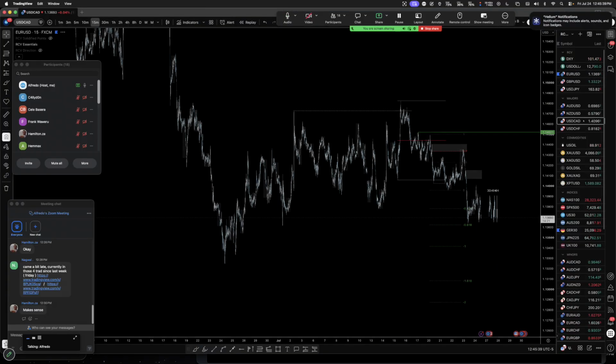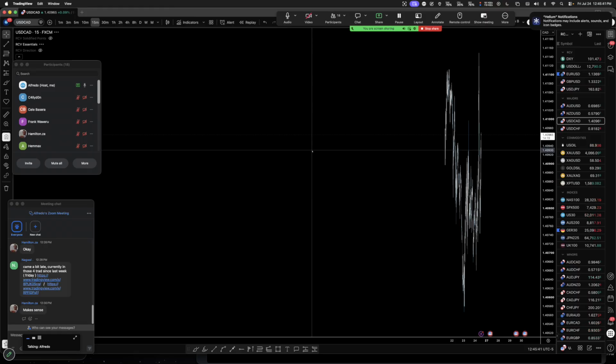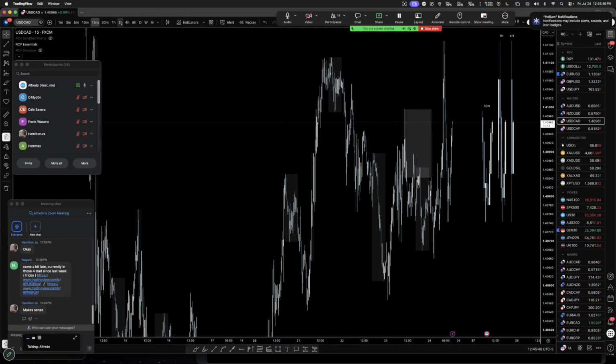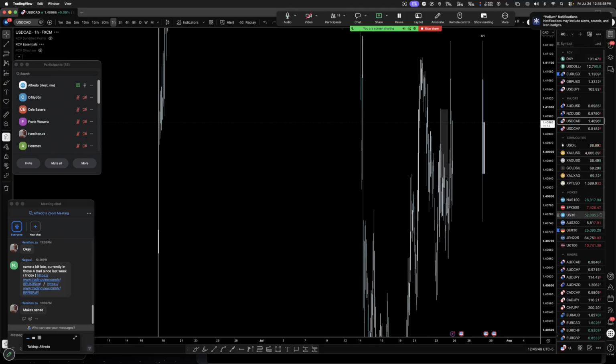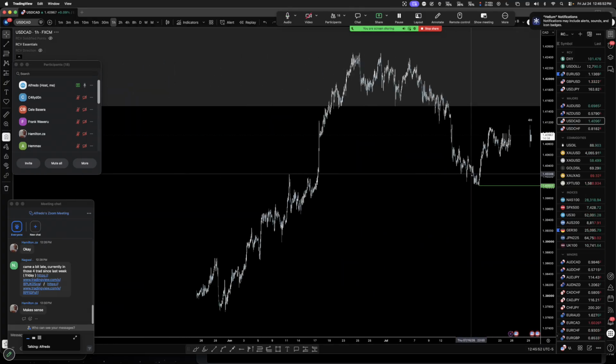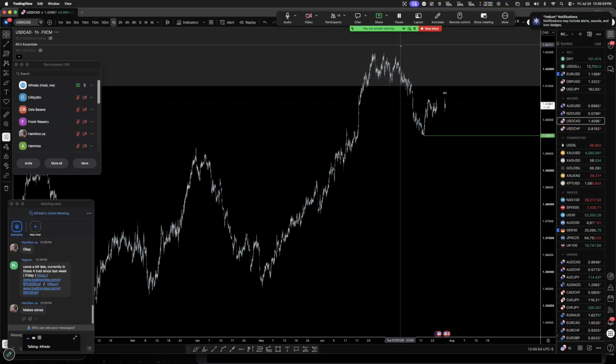And if we go to USD CAD, that's why it was getting a bit awkward, because the internal pullback is misaligned with the transition here. So obviously the transition, yes, we're overall bullish, right?